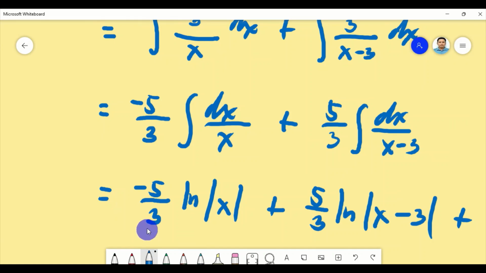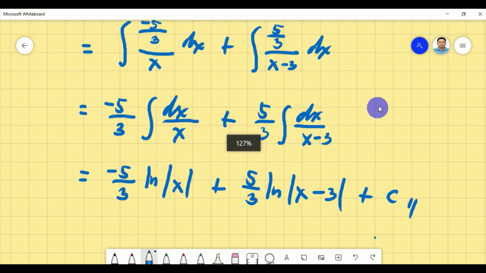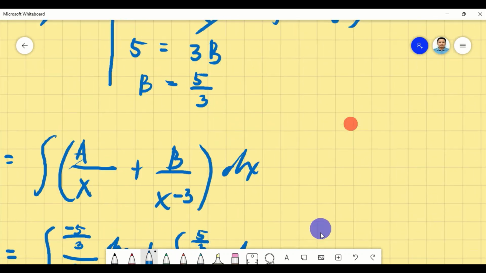So the answer therefore here is negative 5 over 3. You're aware that the integral of dx all over x is ln of the absolute value of x, plus 5 thirds times ln of the absolute value of x minus 3 plus the arbitrary constant c. Now, you look at the third example.